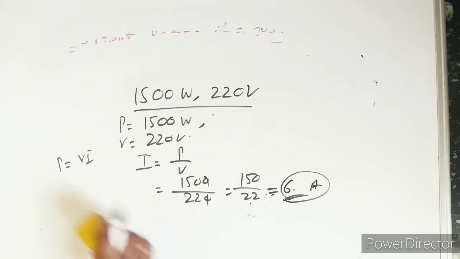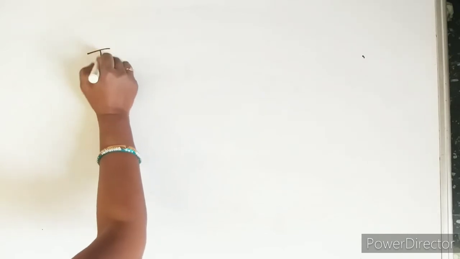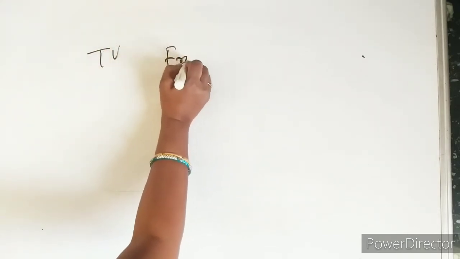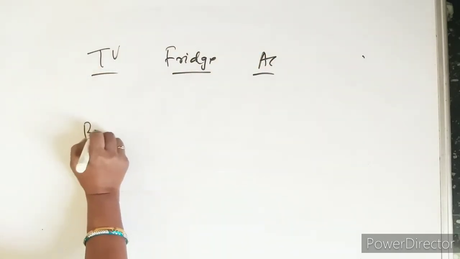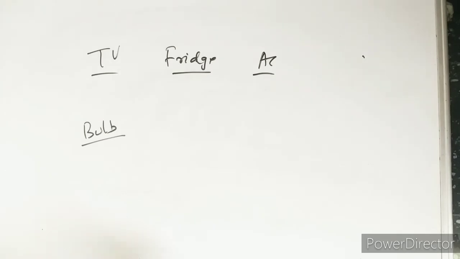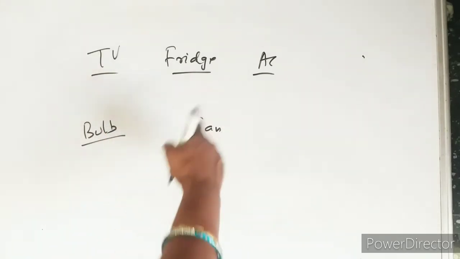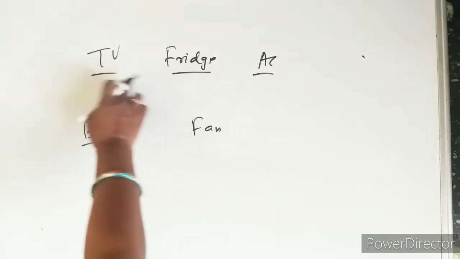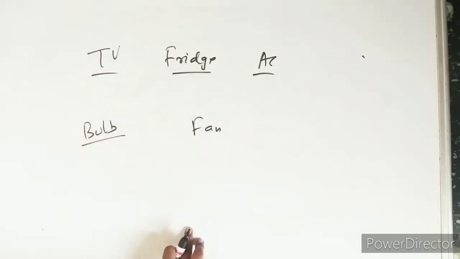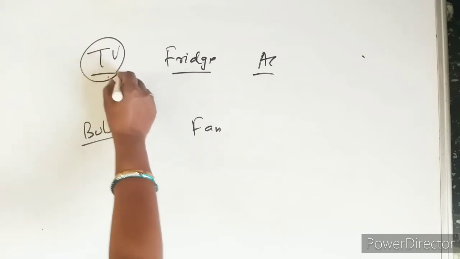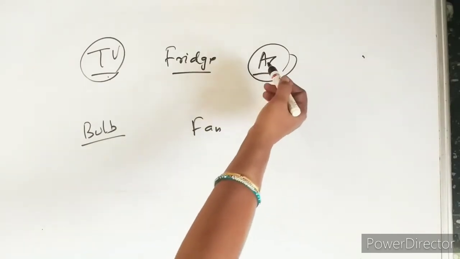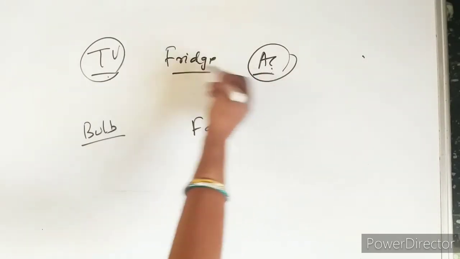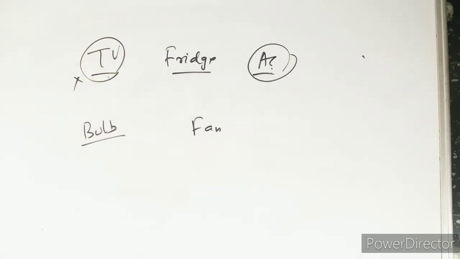The important thing is, whenever we are using different appliances, whether TV, refrigerator, AC, an electrical bulb or a fan, in all cases there will be different current supply. So whatever fuse is needed for a TV is not suitable for an AC, which means the AC cannot work. And what is taken for an AC is unnecessary or useless for a TV.